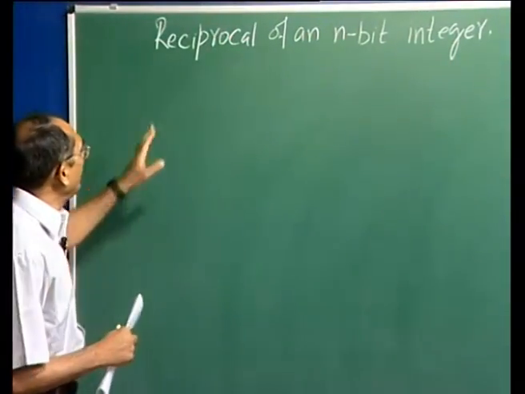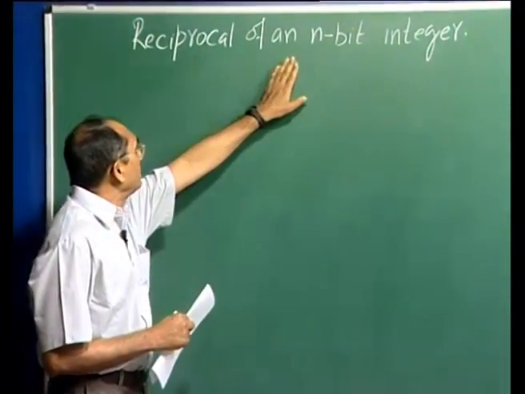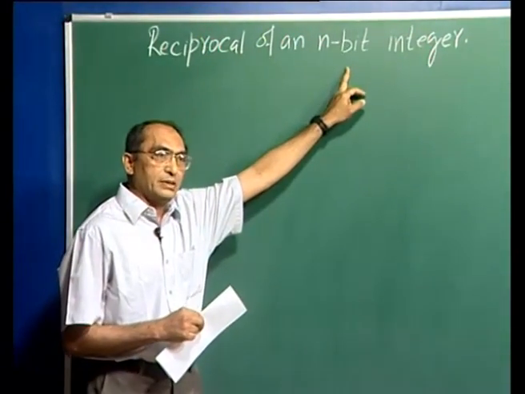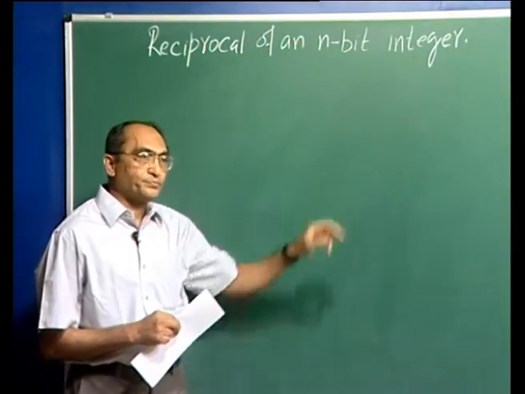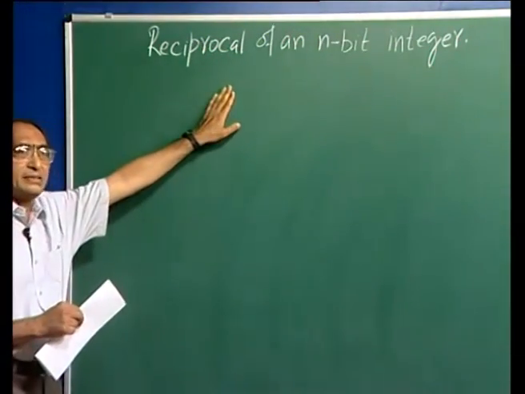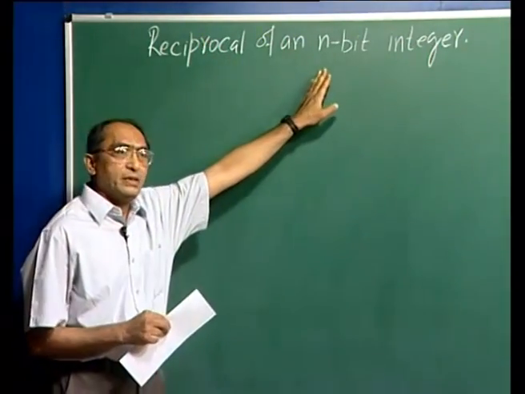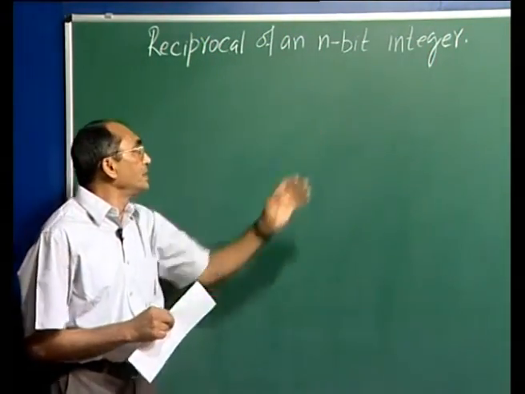So today we will begin with the problem of computing the reciprocal of an n-bit integer, and we will try to show that the difficulty is the same as that of multiplying two numbers of size n bits.